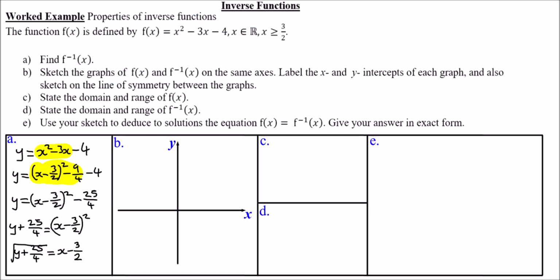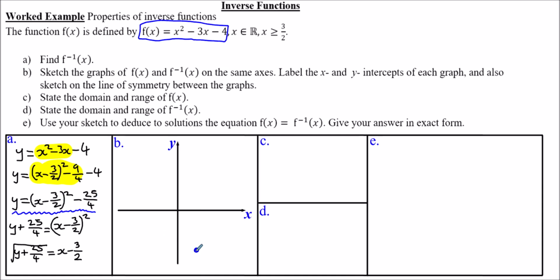So f of x, if I just highlight in blue what f of x actually is, it's this thing here. And I've got f of x in completed square form like this. So x needs to be at least 3 over 2, so we're going to start it when it's at its minimum. So when x is 3 over 2 and y is minus 6.25, that's a turning point.